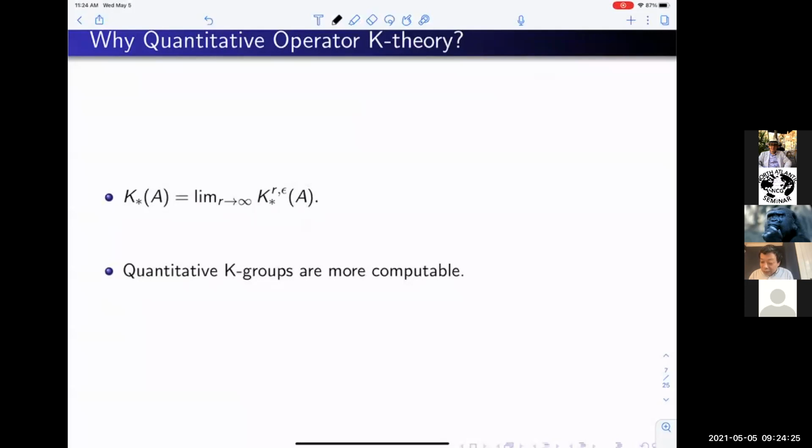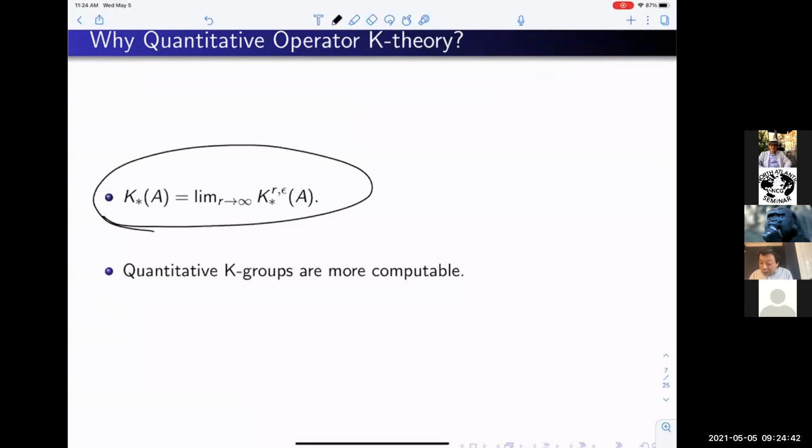First of all, we observe if we let this scale R go to infinity, then we just recover the usual case. This is quite easy to see, so it's a more refined K group.